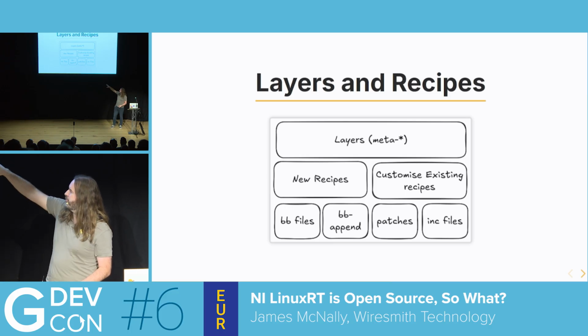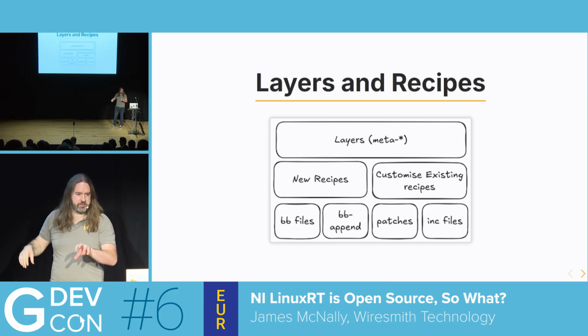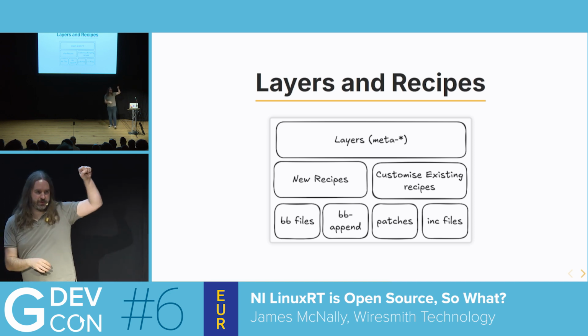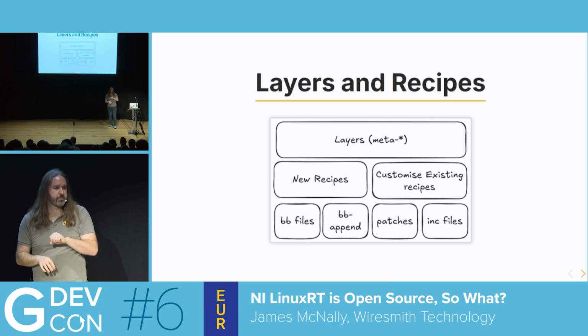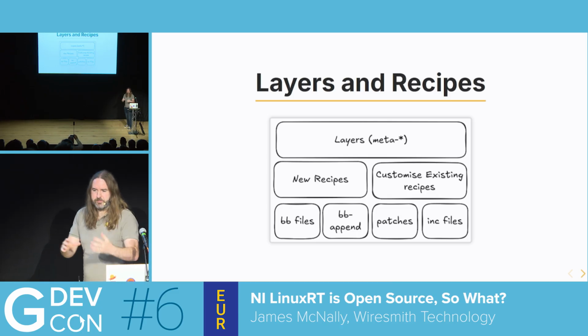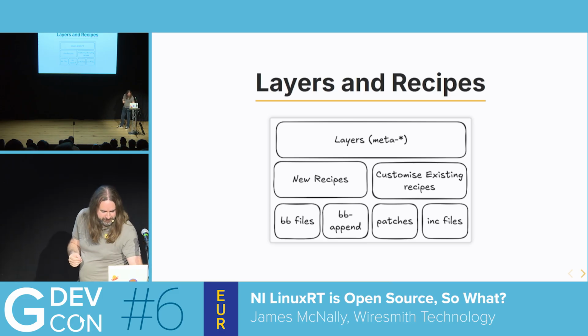We'll see BB files are the base definition, and you can probably guess BB append says, I want to take the original definition and just add some customization to it. I'm not going to go into all the rest, but that's the basic piece. The reason that's important to understand is this is our avenue to start tinkering a bit.